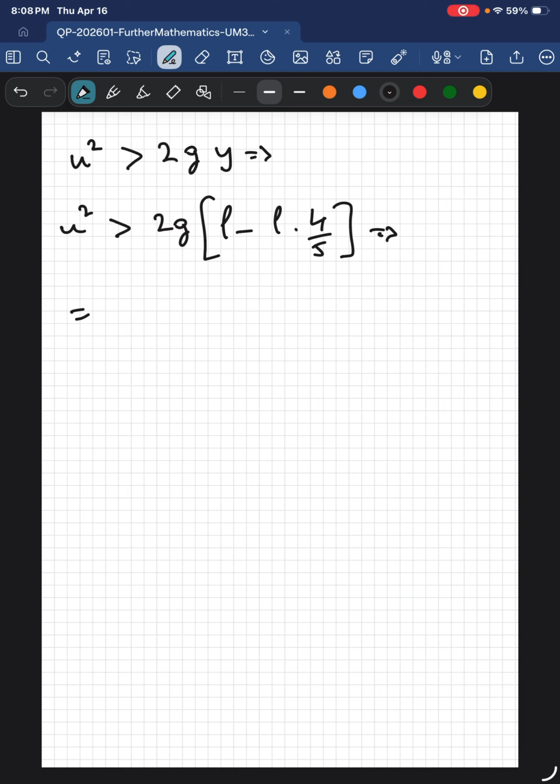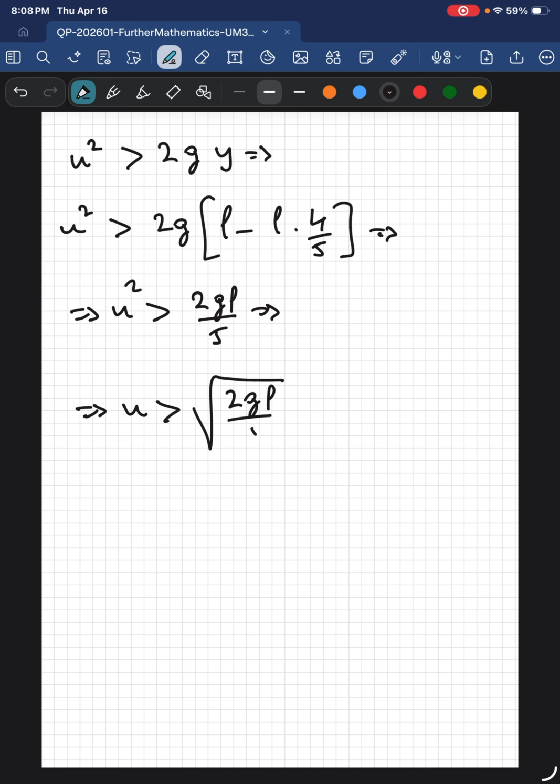So u squared has to be larger than 2gL over 5. So u has to be larger than the square root of 2gL over 5. Okay, so done. Part A is done.